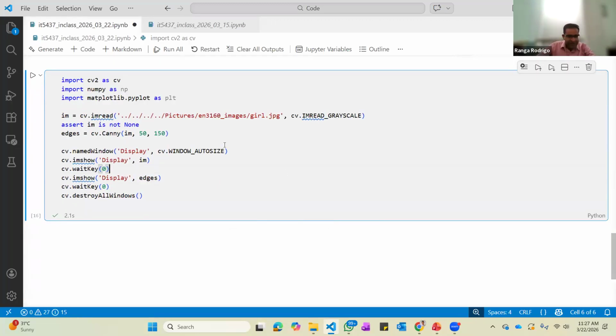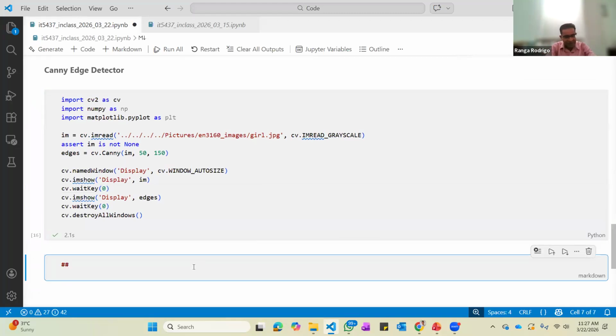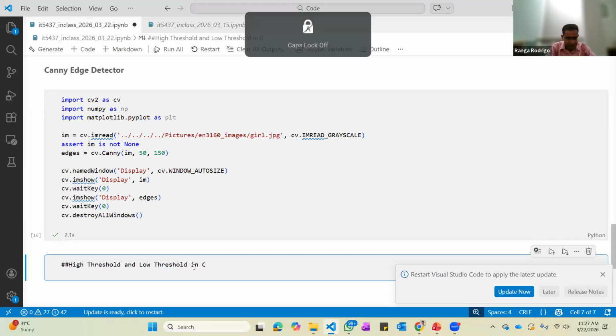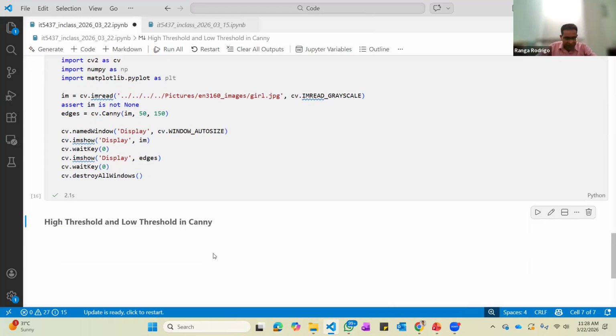Now I want to explain the thresholds: the high threshold and the low threshold for Canny.